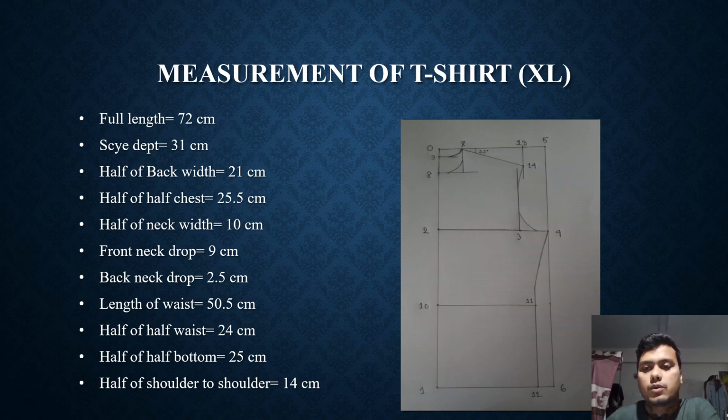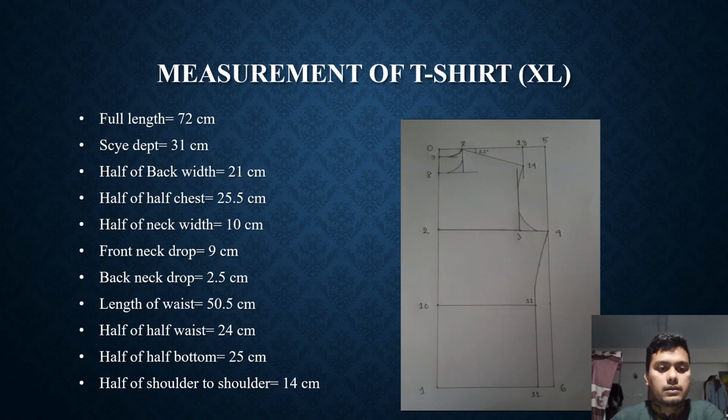And there is the measurement of a t-shirt of XL size that we got from an XL size t-shirt. Here is the full length, that is 72 centimeter, considered from 0 to 1. And sky depth, that is 31 centimeter, considered from 0 to 2.